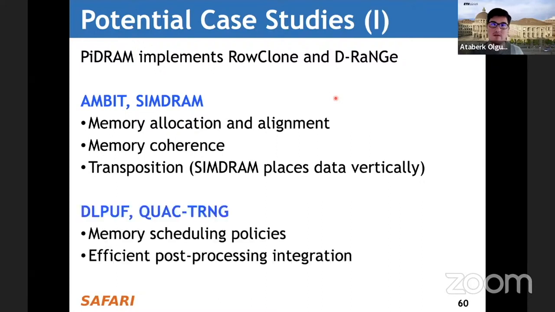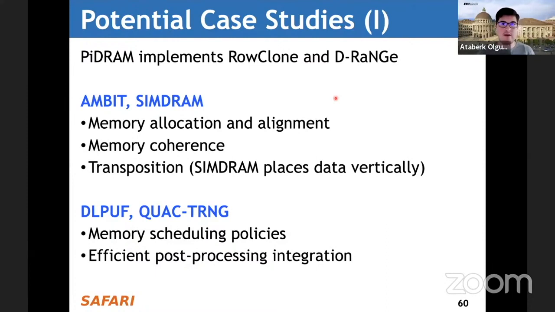And for other sets of works, I listed DLPUF and QuackTRNG. DLPUF is a physically unclonable function in DRAM using reduced activation latency. And QuackTRNG is a true random number generator that generates random numbers by simultaneously activating 4 DRAM rows.